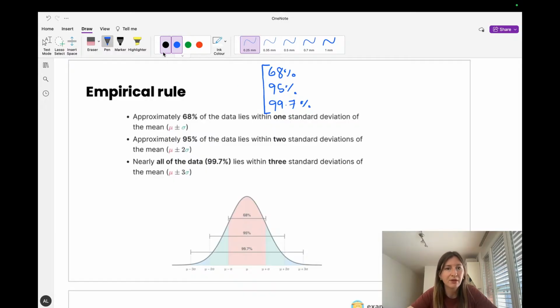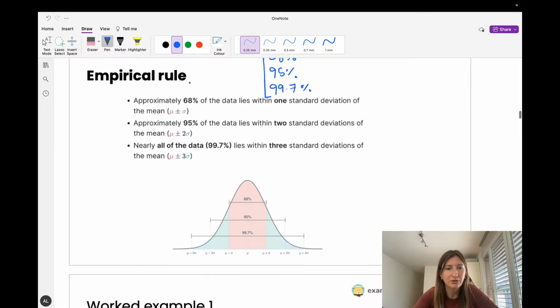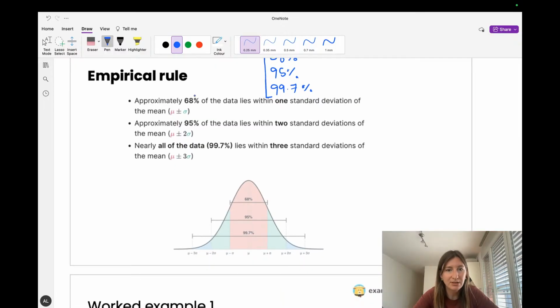So what does this mean? They say that for any normal distribution, 68% of the data lies within one standard deviation. So let me draw this for you because that often helps. Here we have the mean in the middle. Now, if we add one standard deviation away, that's plus 1 standard deviation. And to the left, that's minus 1 standard deviation.